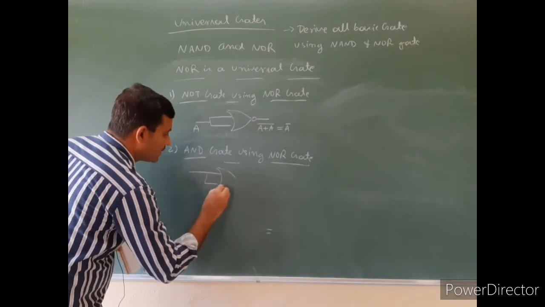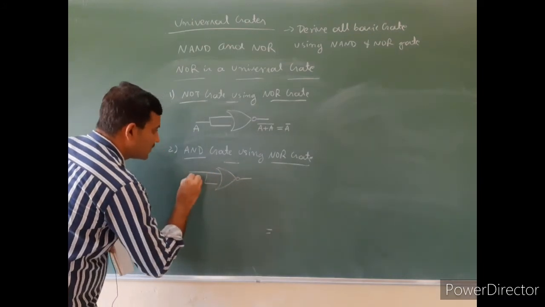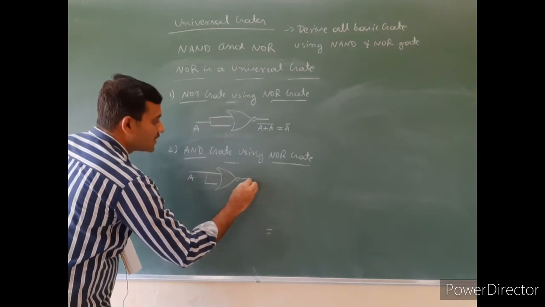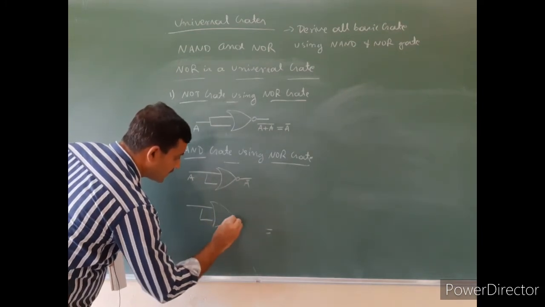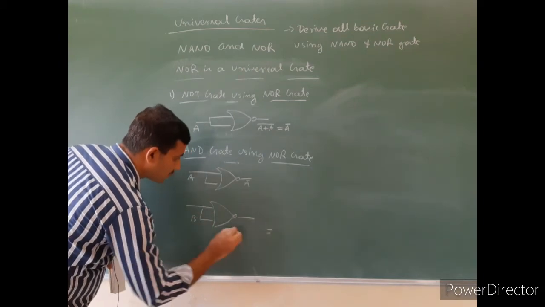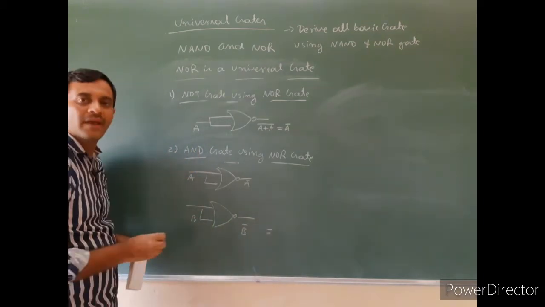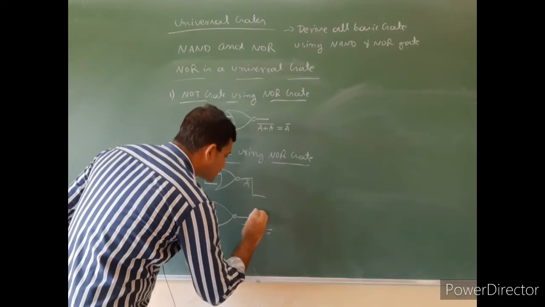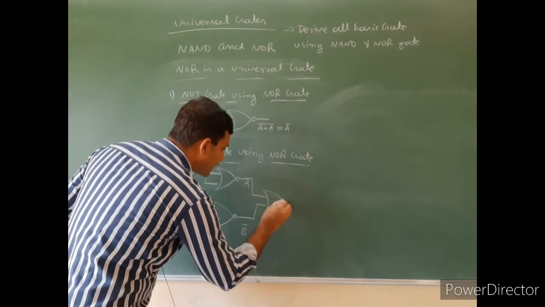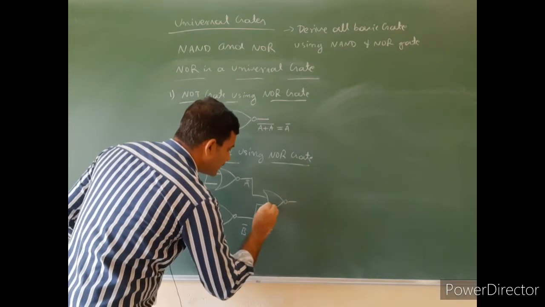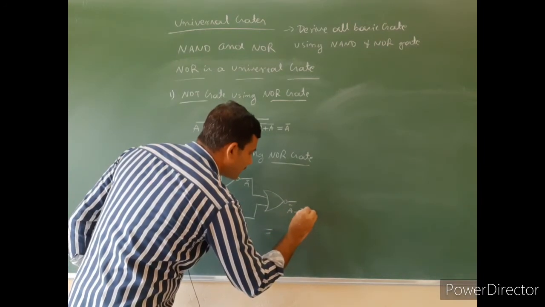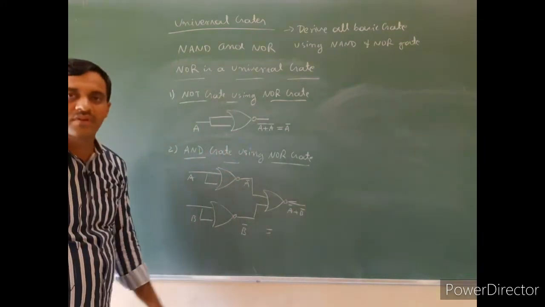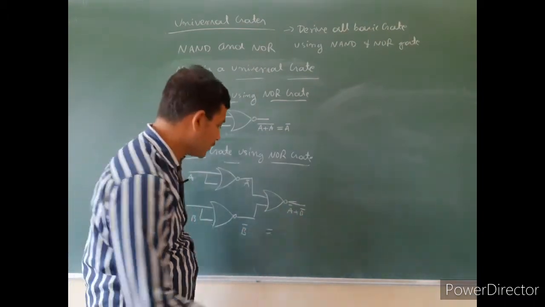First complement A, then the output is A bar. Take another one, B, then the output is B bar. Again pass them to another NOR gate. Then what is the output here? (A bar plus B bar) whole bar.